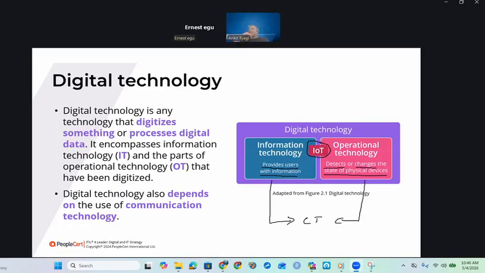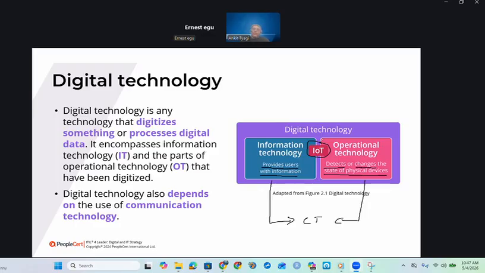So, for example, if you are the database administrator of a particular database in the organization and you want to restart or refresh it, you can do it from any remote location. You just need the internet connection for doing it. When you're using a laptop, that is the information technology because that's where you store the information.